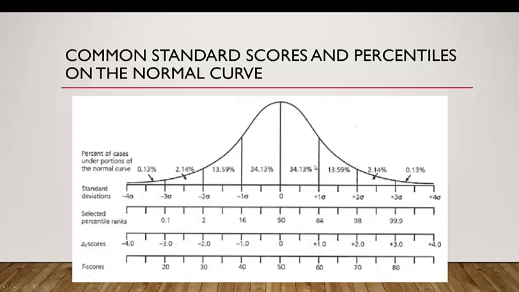More importantly, we can add together the above and below and get the fact that 68.26% of the people are within plus or minus 1 standard deviation around our mean. Most of the people fall within the mean.